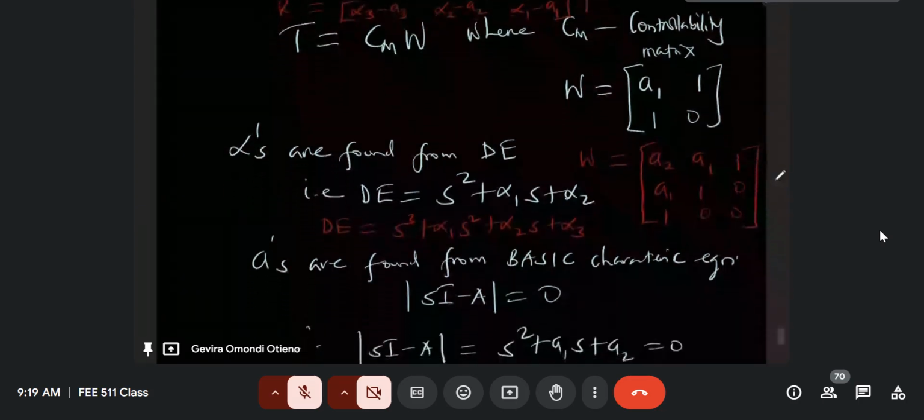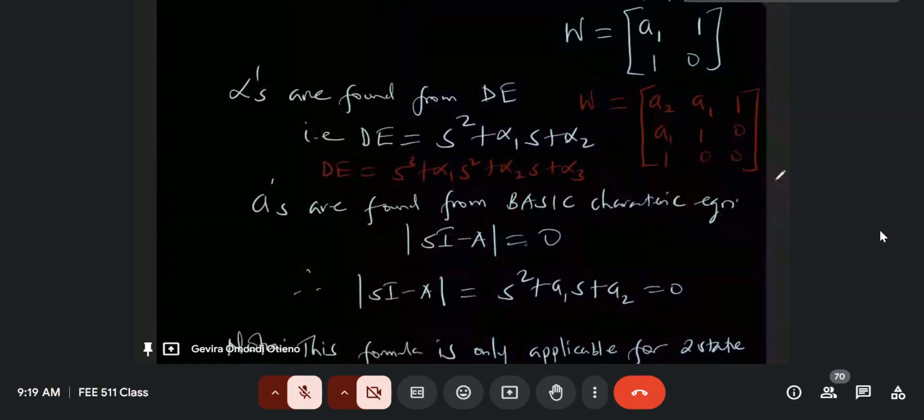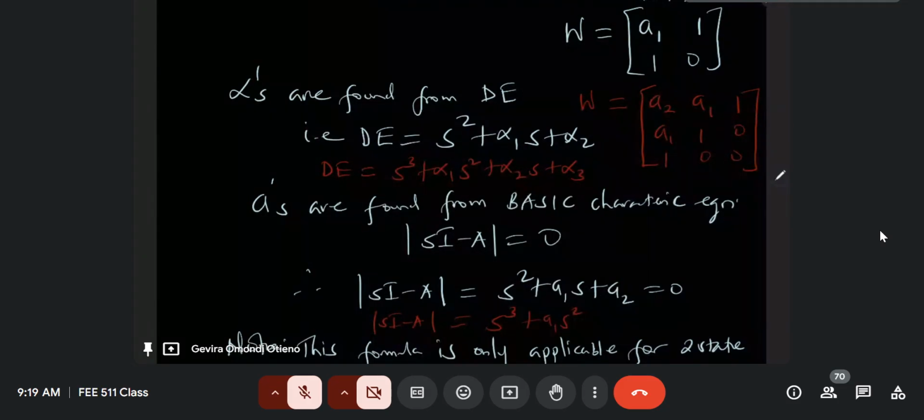And the A's would be obtained from the basic characteristic equation, which for a 3 by 3 would be S cubed plus A1 S squared plus A2 S plus A3. Okay? And then you equate it to 0.